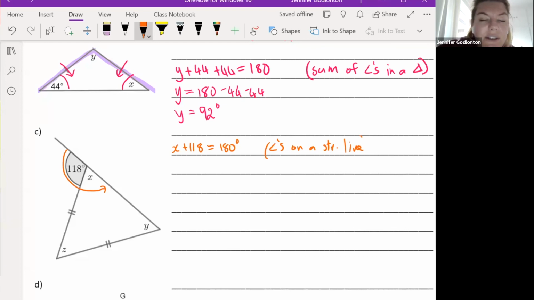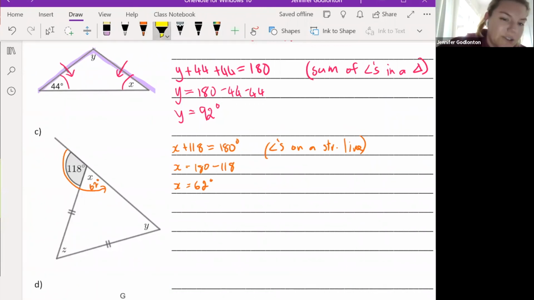Now, some of your teachers have taught you to write adjacent angles on a straight line. I actually think that's really helpful because it tells you that they have to be next to each other. But you don't have to write it. So that means x is going to equal 180 minus 118, which means x is going to equal 62 degrees. Now we know that x is 62. That's our first job.